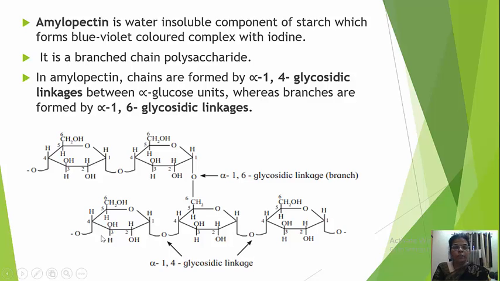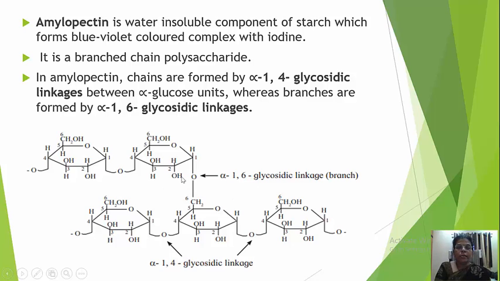Now here, if this is an amylose chain, this amylose chain branches with a second amylose chain by 1,6 glycosidic linkage, that is alpha 1,6 glycosidic linkage. That is, here the hydroxyl group which is present on the number 6 carbon atom forms a glycosidic linkage with the hydroxyl group of the anomeric carbon atom of this amylose, and formation of alpha 1,6 glycosidic linkage takes place.